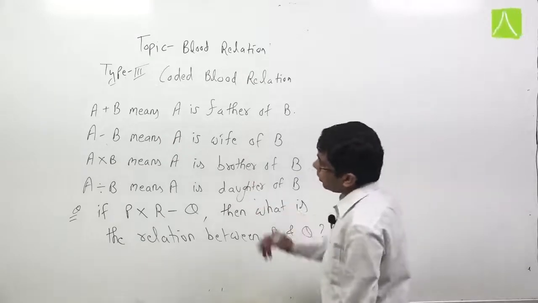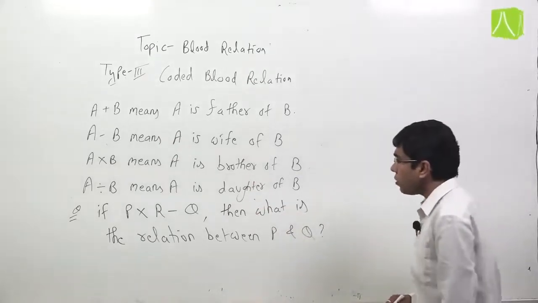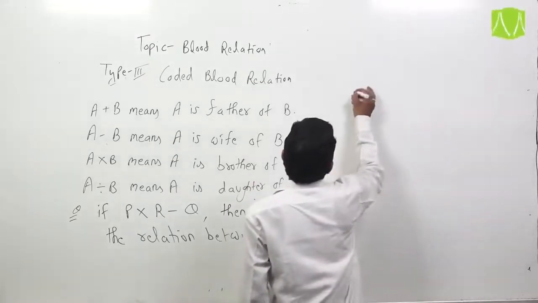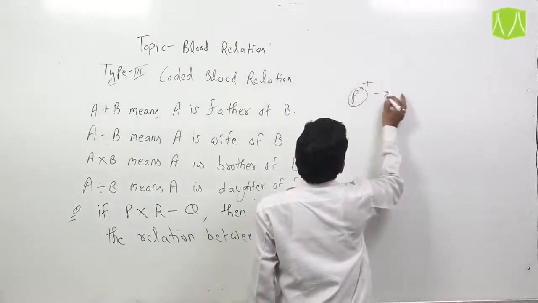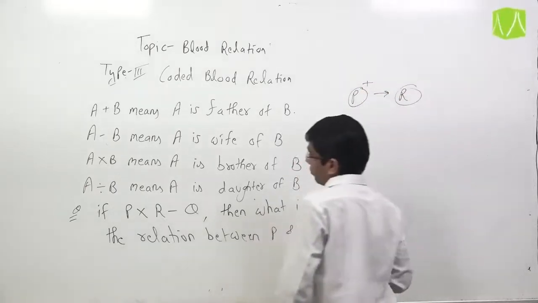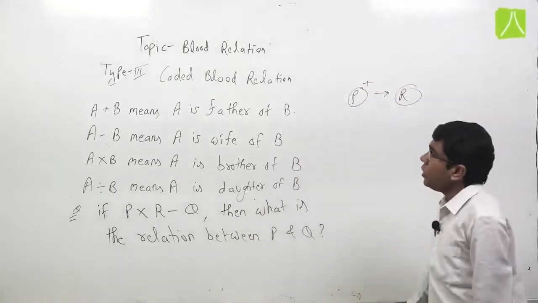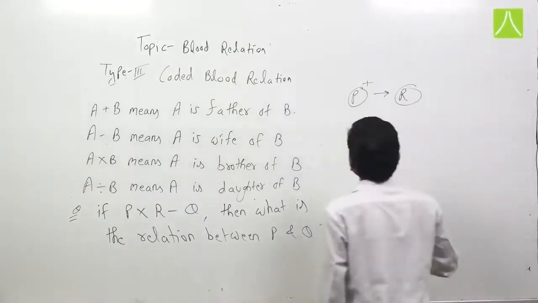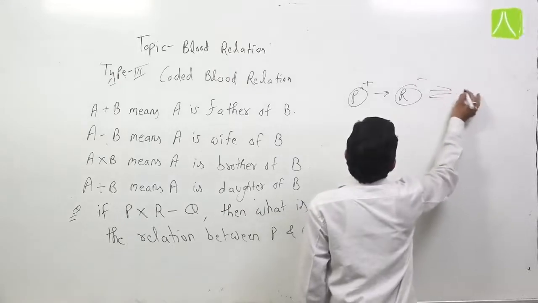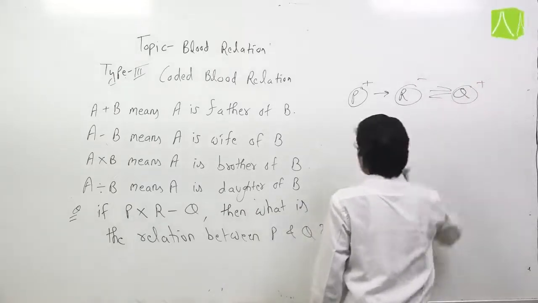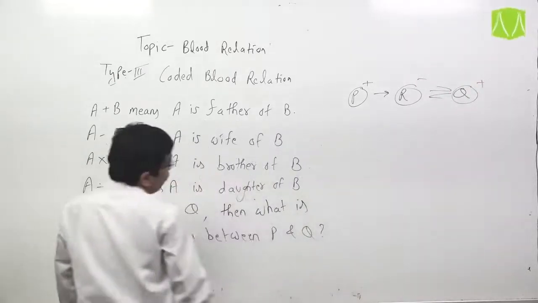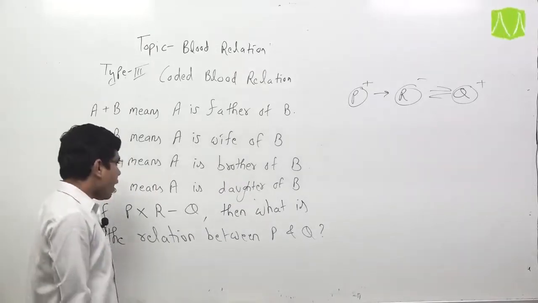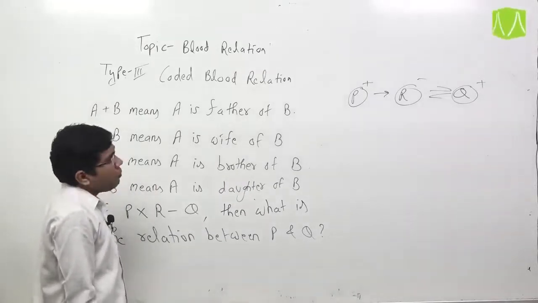P cross R, A cross B means A is brother of B, so P cross R means P is brother of R. R minus Q, A minus B means A is wife of B, then R minus Q means R is wife of Q. This is our diagram. Now the relation is asked: what is the relation between P and Q?